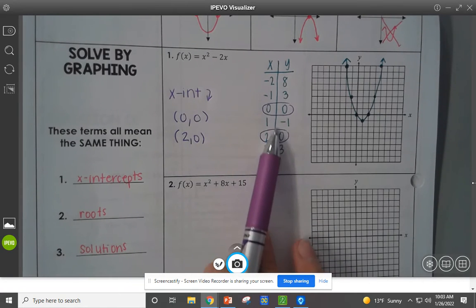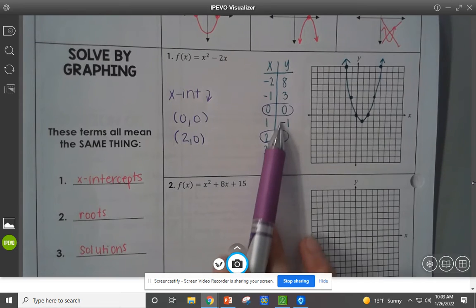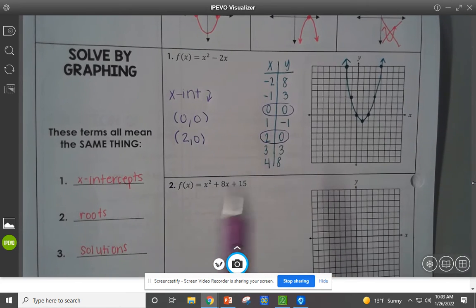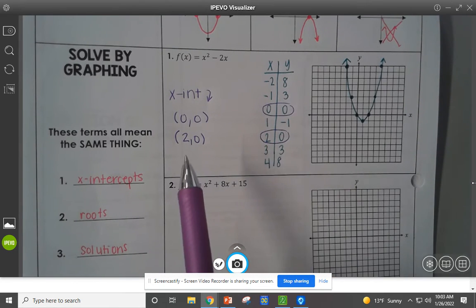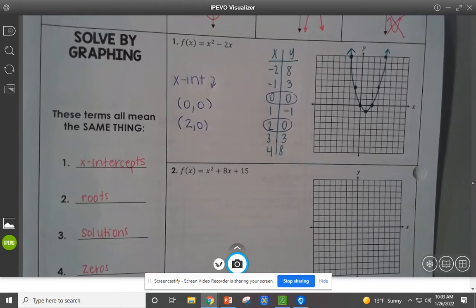Anytime that you have a 0 for your y, it is an x-intercept. Because if your y is 0, that means you didn't go up or down any, so it stayed on the x-axis.